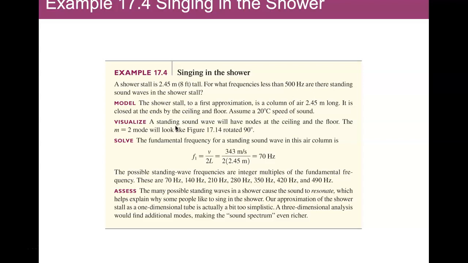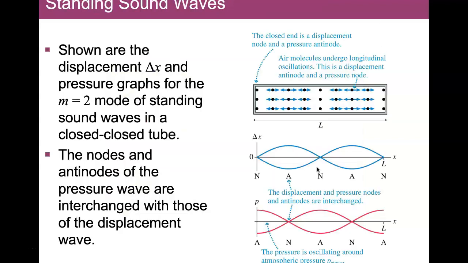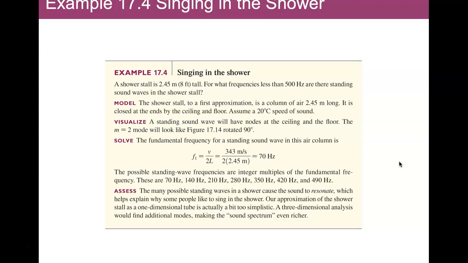So m=2 looks like this, right? It's just the column is now vertical, but take the whole thing and rotate it. So let's say this is the floor, this is the ceiling. We can first calculate the fundamental frequency. f1, remember, is v over 2L.